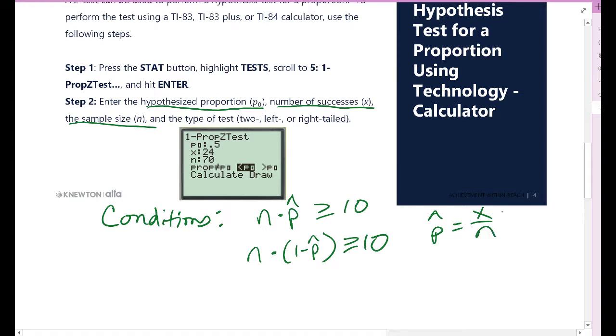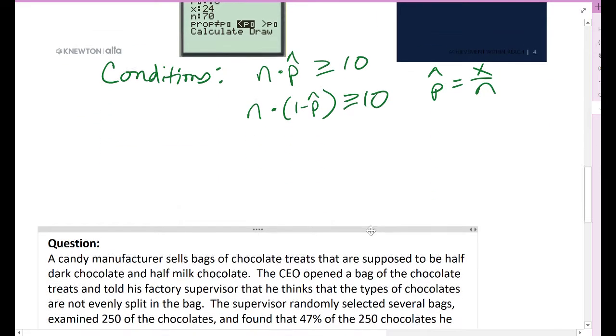So the proportion of successes within your sample is the number of successes divided by your sample size. And so n times p hat, if you work this out algebraically, gives you x, which is your number of successes. So the conditions are saying that your number of successes has to be bigger than 10 and the number of failures has to be bigger than 10. All right, let's get into an example.